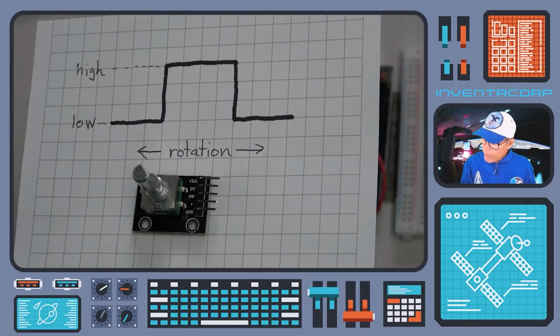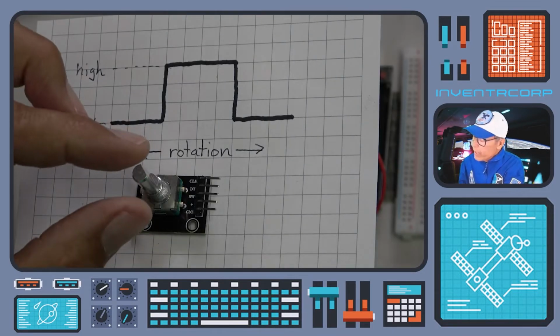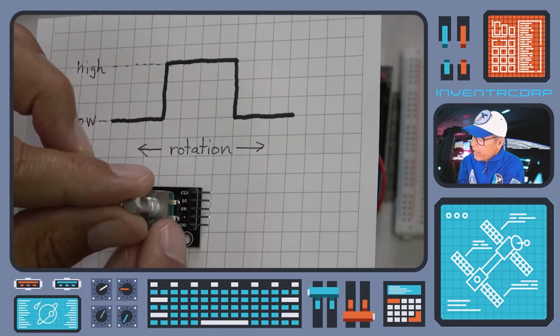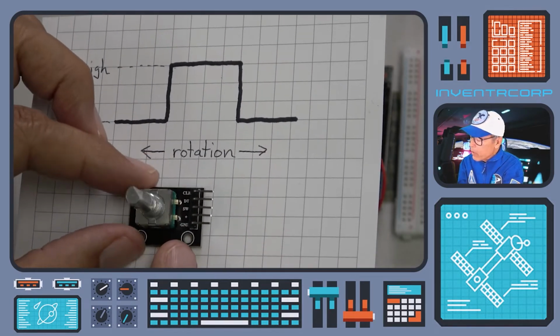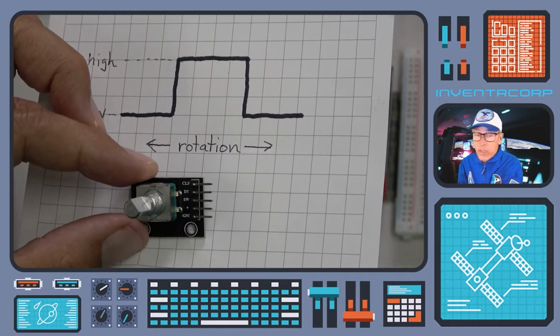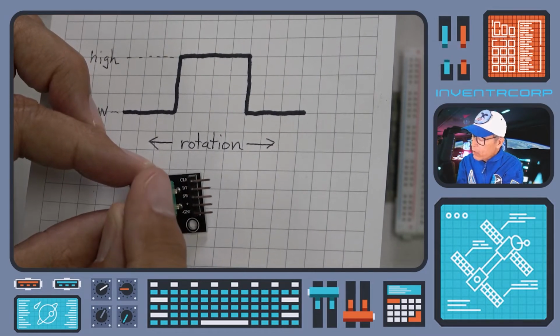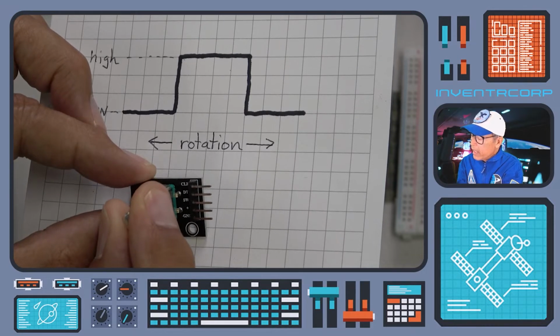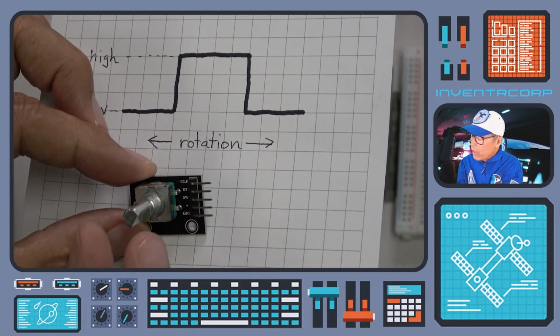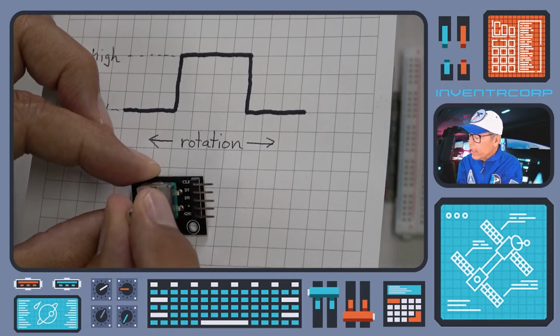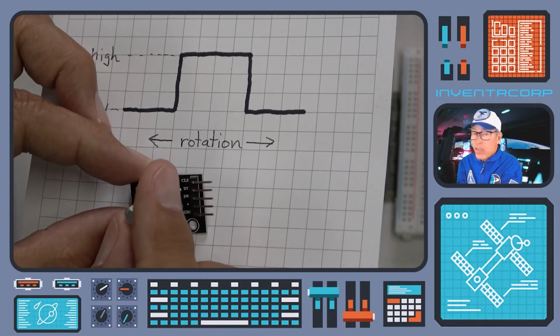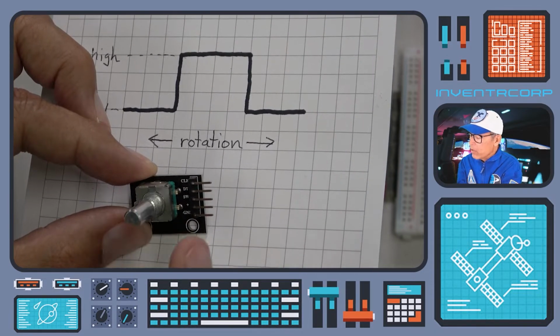We have a relative rotary encoder, and as you can see right here, it has a number of pins on it, which we'll discuss shortly. The shaft of the encoder I can rotate, and as you experiment with your encoder, you'll find that it has a number of click positions that it rotates to.